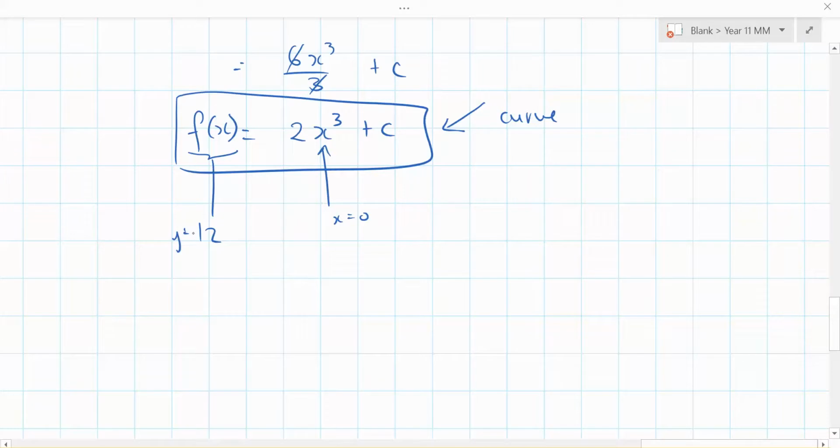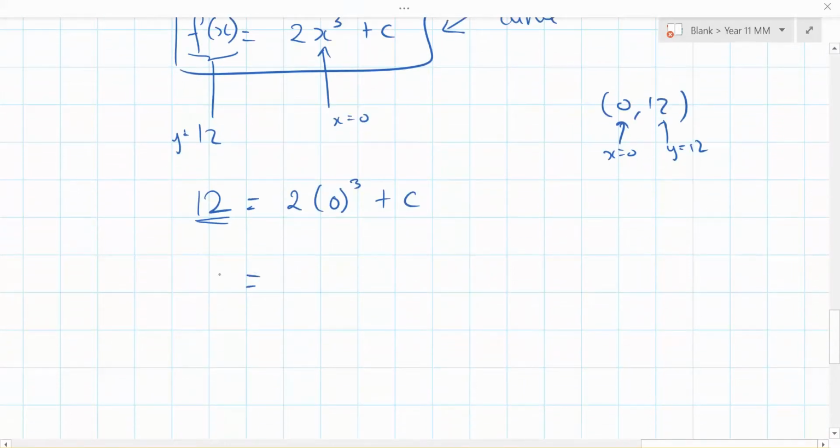Okay, a lot of students don't realize f of x is the y value. So if I do it all again, it says 2 times 0 cubed plus c, but remember, it's meant to all equal 12, because they said 0, 12, didn't they? They said when x is 0, y is 12, and f of 0, so when you sub 0 in, the whole result should equal 12.